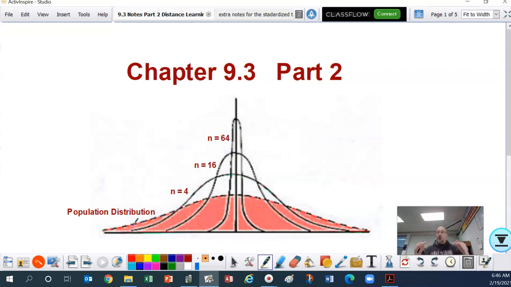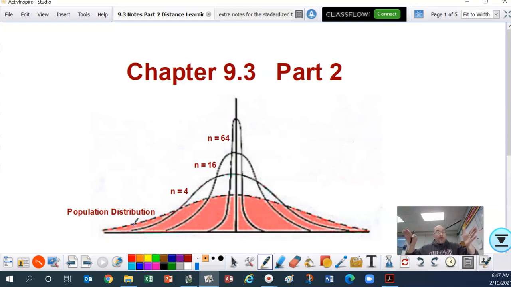Remember, if it's normal, then any sample that you draw, of whatever size, if you draw enough of those samples, it's also going to be normal. Now, the population distribution, ladies and gentlemen, is always more variable than sampling.